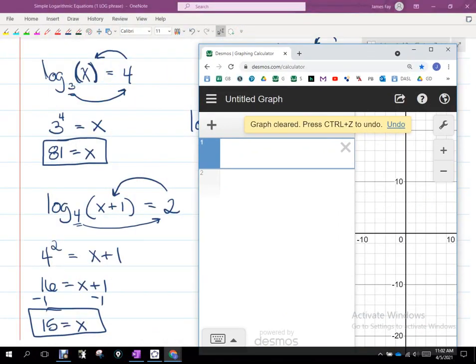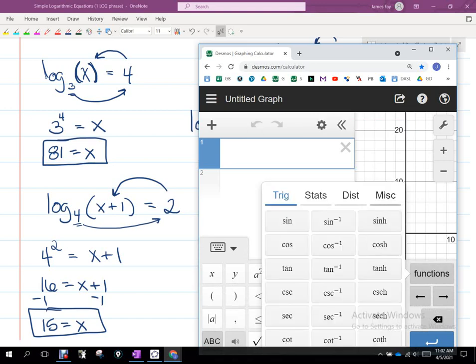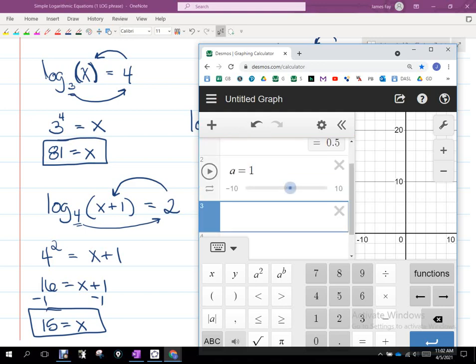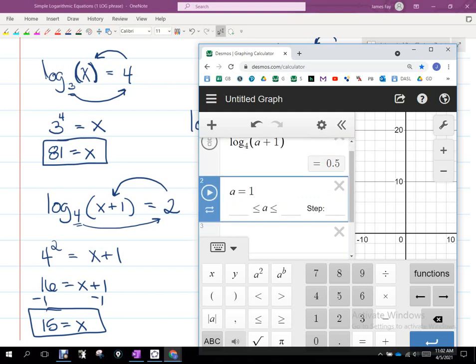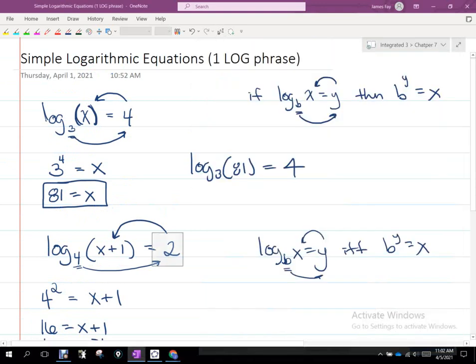If we go log base 4 of, we'll say a plus 1, and then make a go to 15, you see that it comes back and gives me the 2 that we were looking for right there. Is that something we can do?